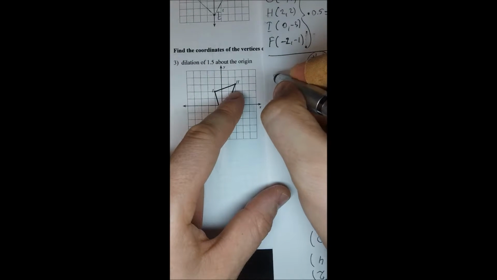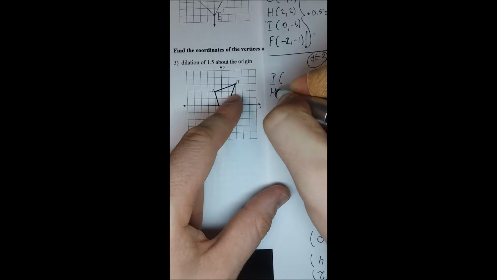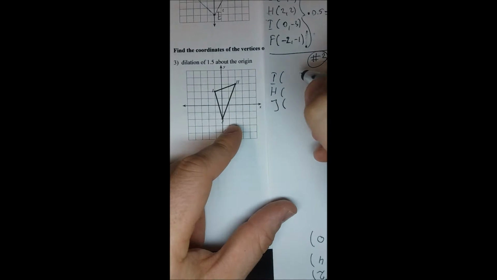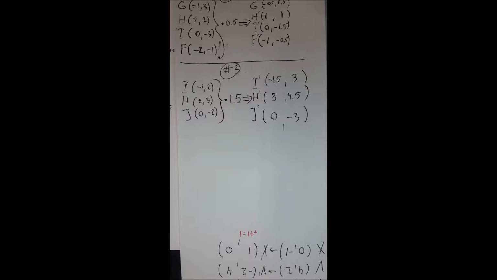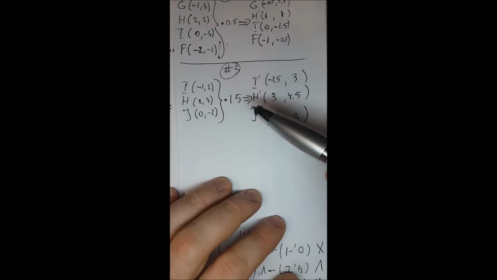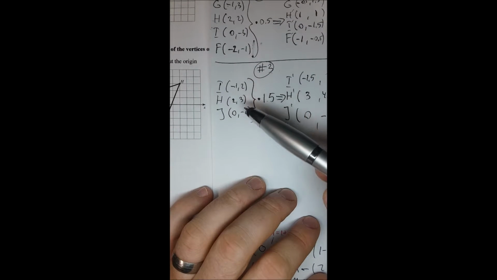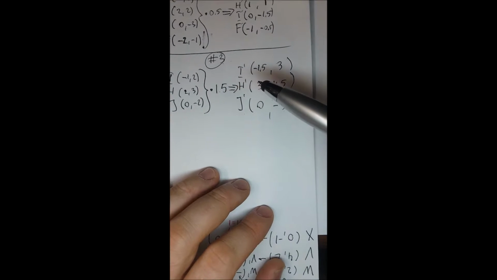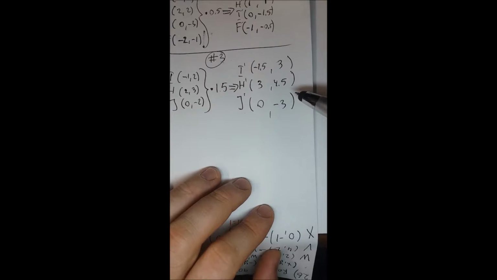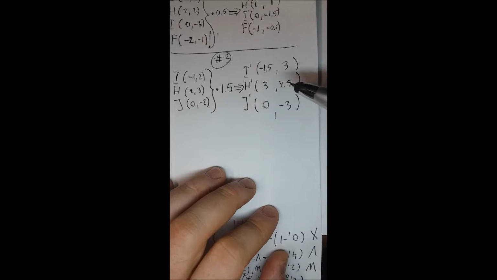So again, I, H, and J, here you go. After you multiply every coordinate here by 1.5, here's what you're going to get. And these were the examples, first 3 examples.